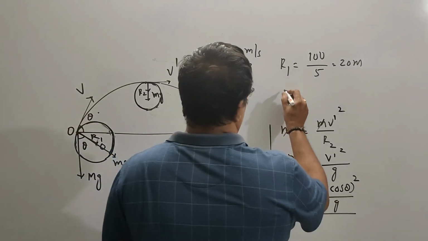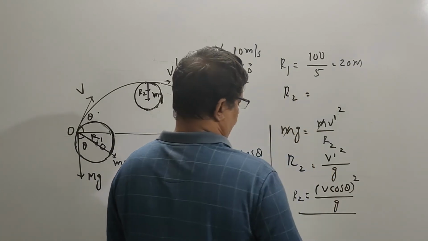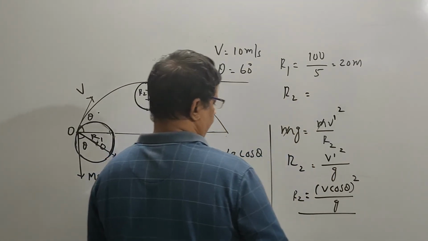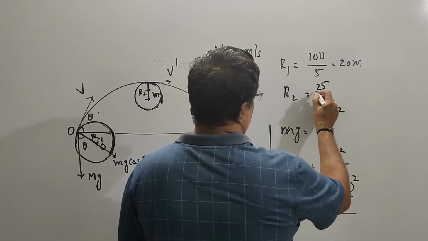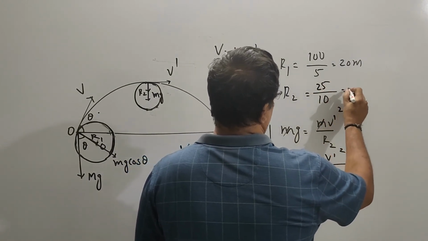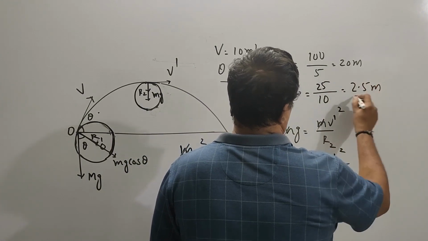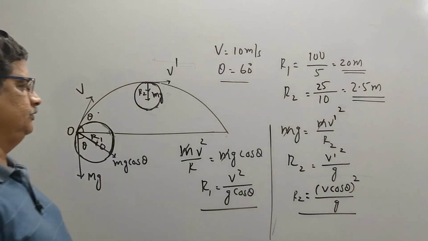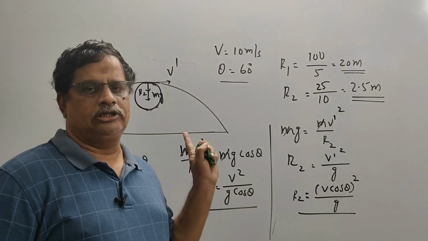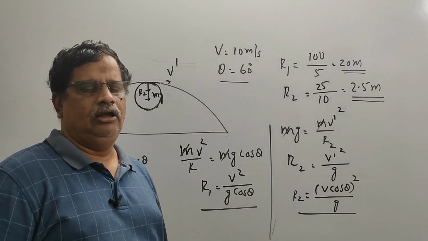Then r2 will be v cos theta, 10 into 1 by 2, which is 5, the whole square, which is 25, divided by g, which is 10. So this will be 2.5 meter. Those are the values of the radius of curvature at the point of projection and also at the maximum height.